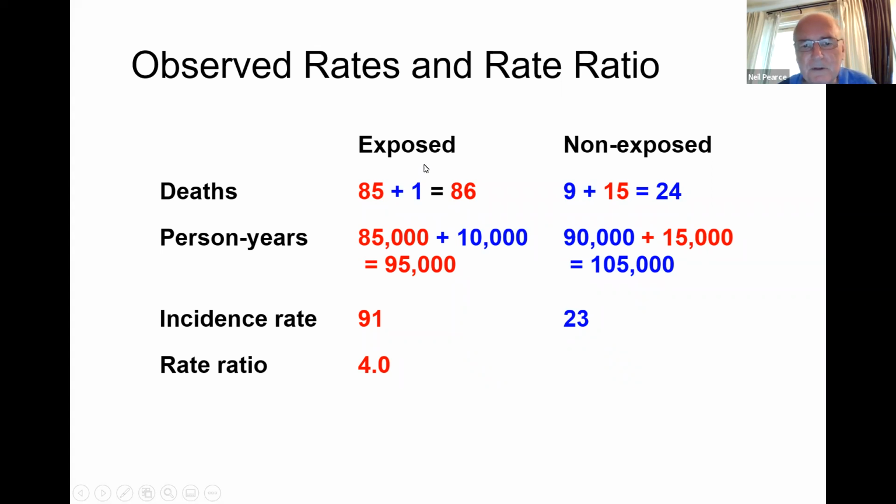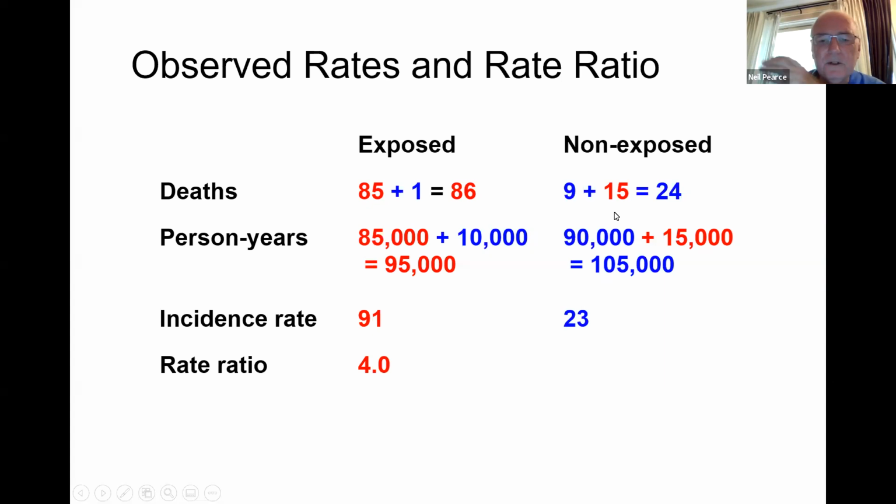But for 15% of them, we get it wrong. So there are 15 deaths out of 100 that we wrongly classify as non-exposed, and 15,000 person years out of 100,000 which we wrongly classify as non-exposed. So the red ones here are those that are really exposed, and some of them we get right, some of them we get wrong.